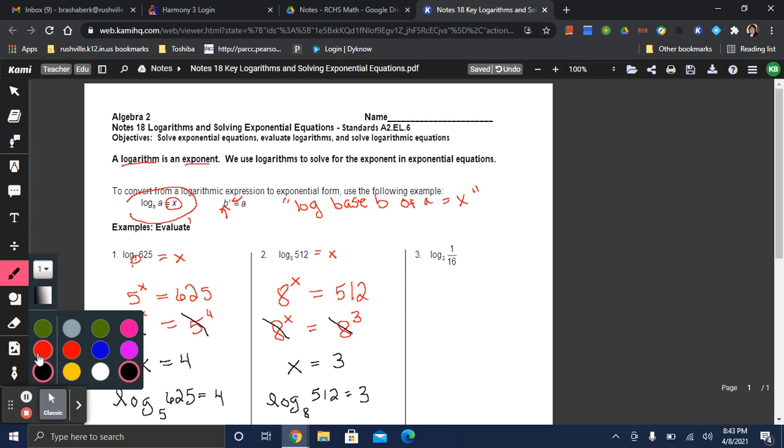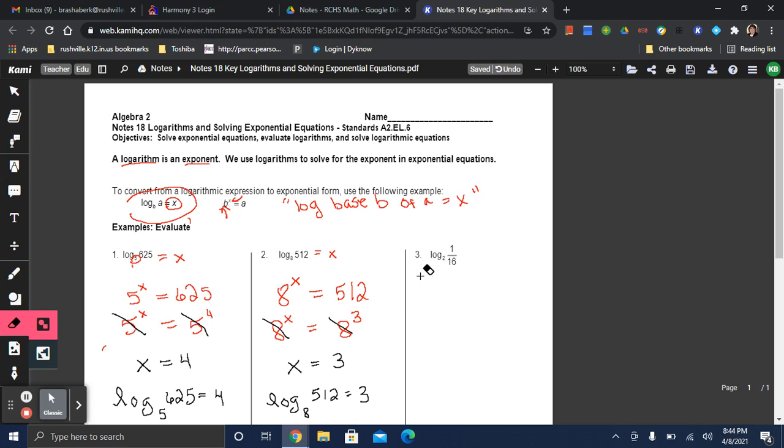And then the last example like this that we're going to do is log base 2 of 1/16 equals x. All right, so our base is 2. Our exponent x equals 1/16.